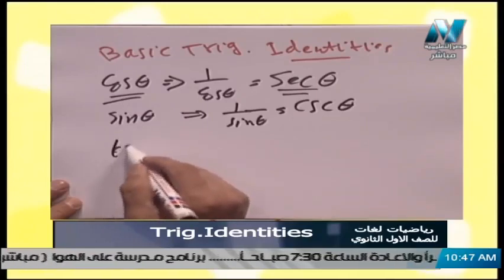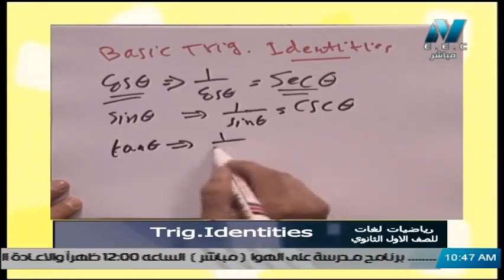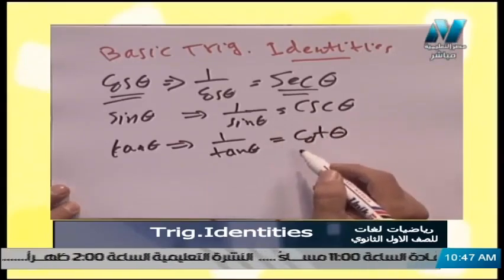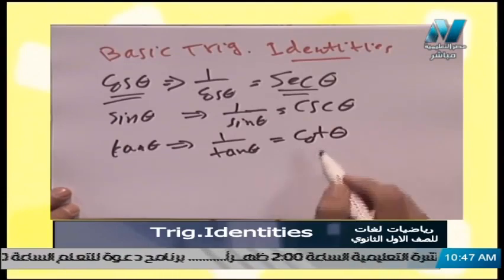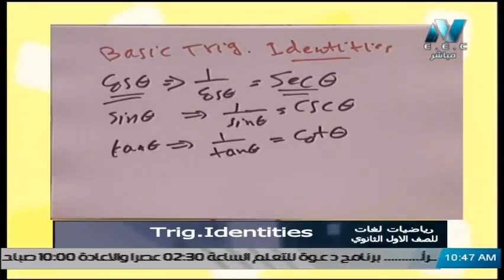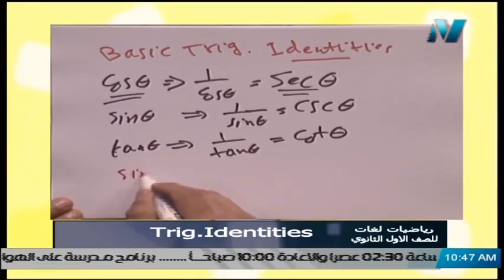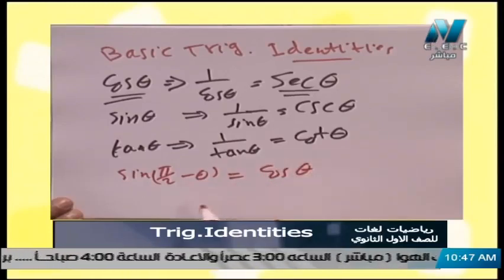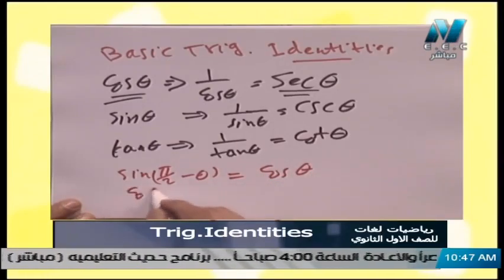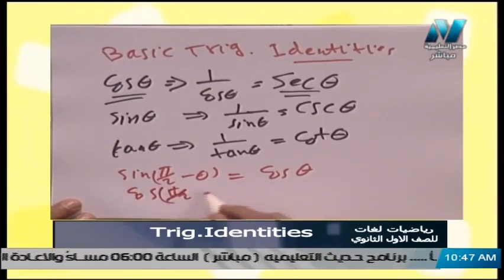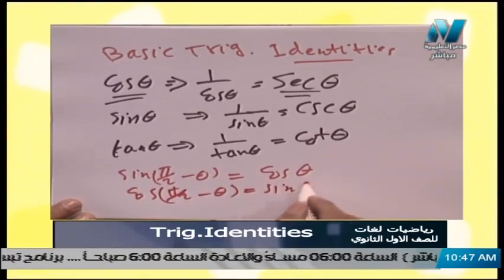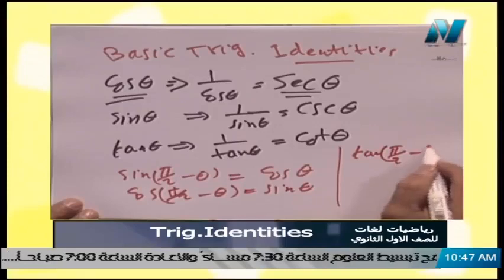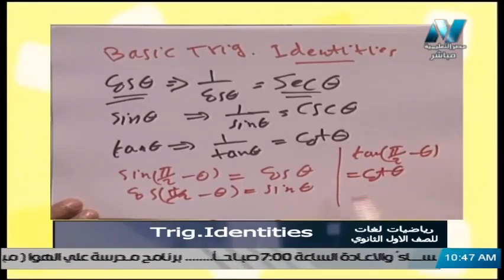The reciprocal of tan theta is 1 over tan theta, so it is equal to cotan theta, and so on. We know also that sine pi over 2 minus theta equals cosine theta, cosine pi over 2 minus theta equals sine theta, and tan pi over 2 minus theta equals cotan theta.